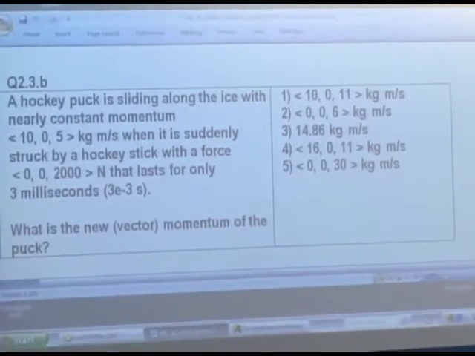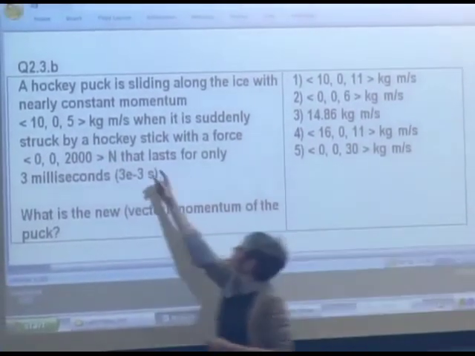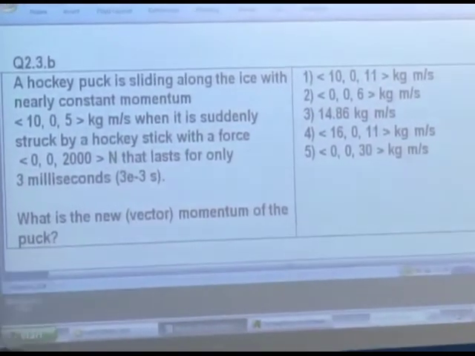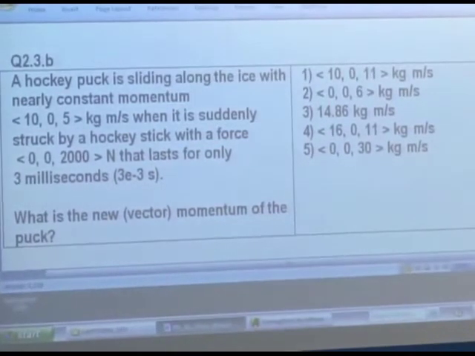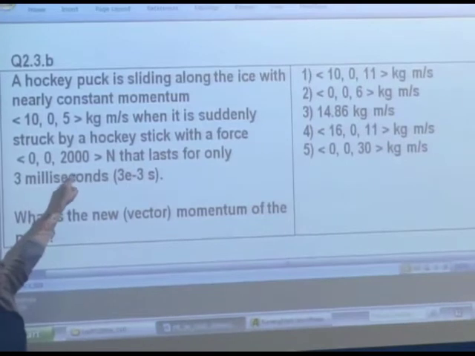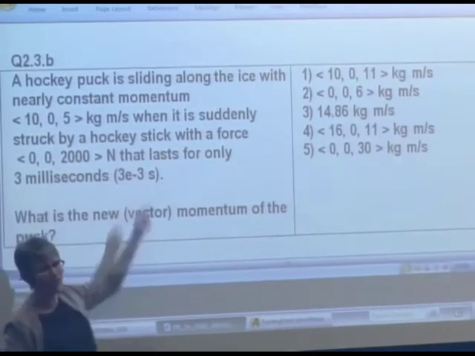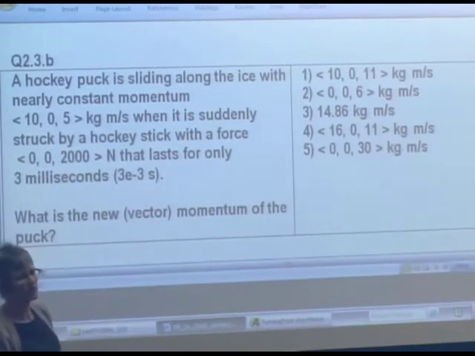It has nearly constant momentum of 10.05 kilogram meters per second until it's suddenly struck by a hockey stick. The hockey stick exerts quite a big force, 2,000 newtons in the z direction, but for a very short time, about 3 milliseconds. So what's the new momentum of the hockey puck?